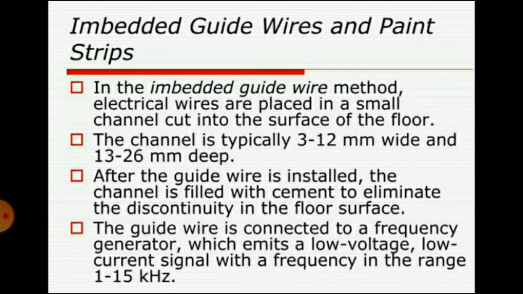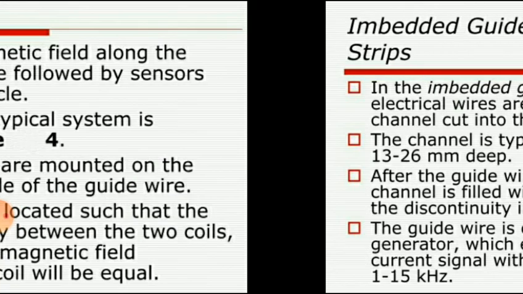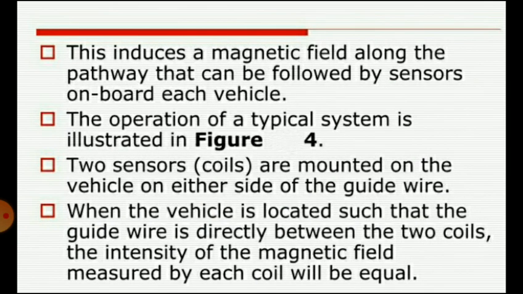The guide wire is connected to a frequency generator which emits a low voltage, low current signal with a frequency in the range of 1 to 15 kilohertz. So this induces a magnetic field along the pathway that can be followed by sensors on board each vehicle.